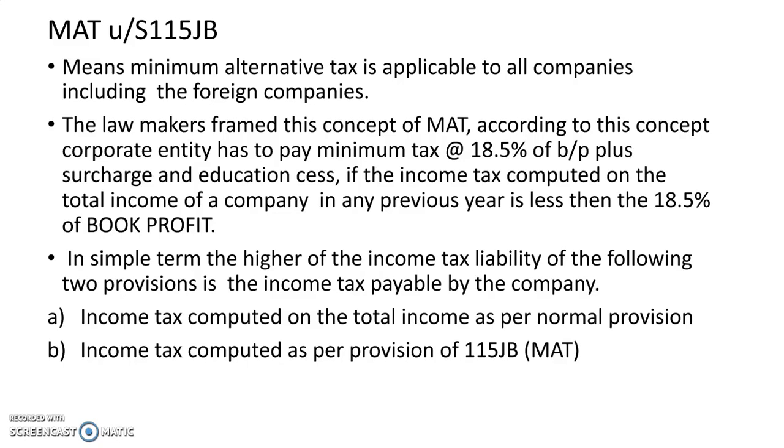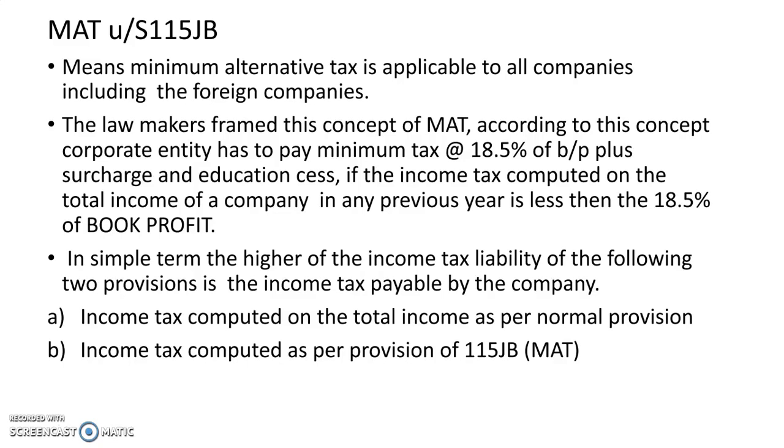So in any previous year, as you compute the normal total income of a company, if the tax liability you calculate is less than 18.5% of the book profit, then the companies have to apply the MAT under section 115JB. Why did they frame this concept?